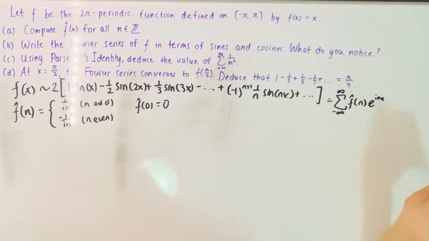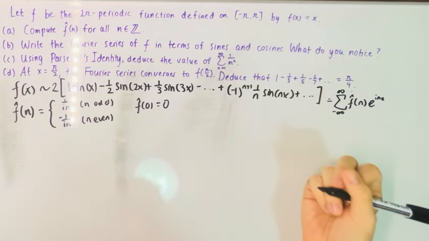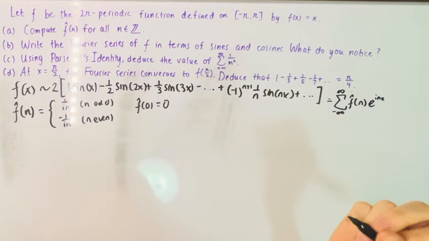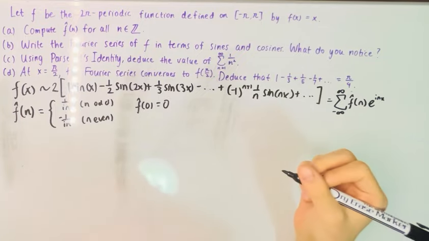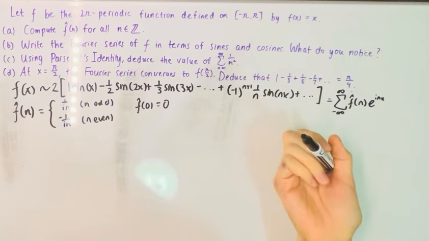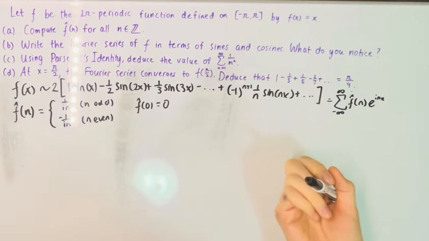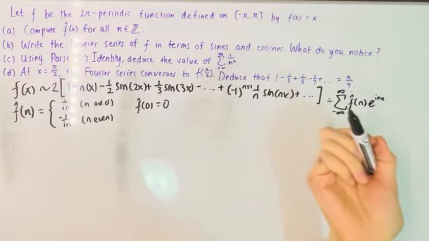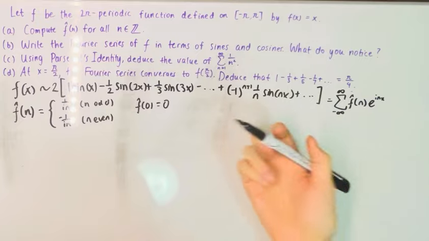Okay, so what does Parseval's identity say? Recall that Parseval's identity tells us that the sum of the squares of all the Fourier coefficients is equal to the integral of the square of the function, so kind of like the norm of the function.